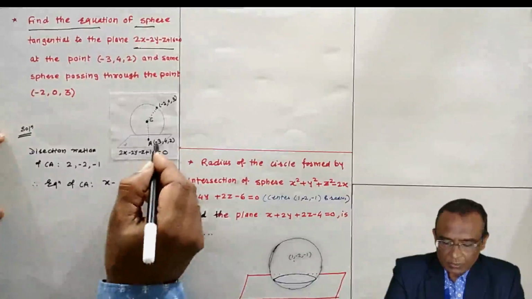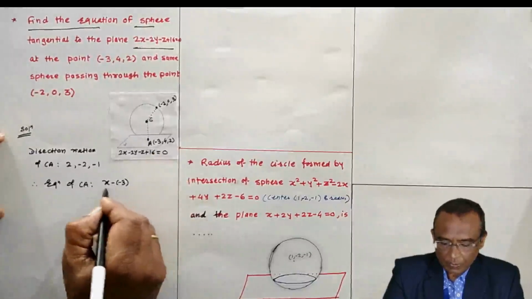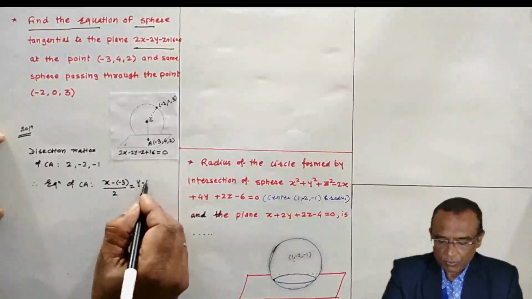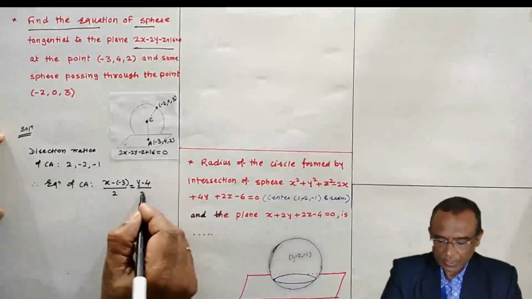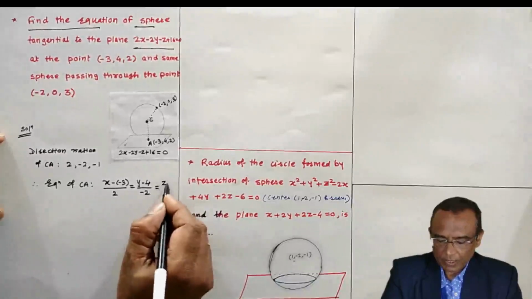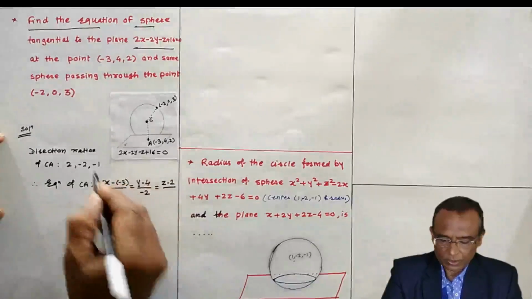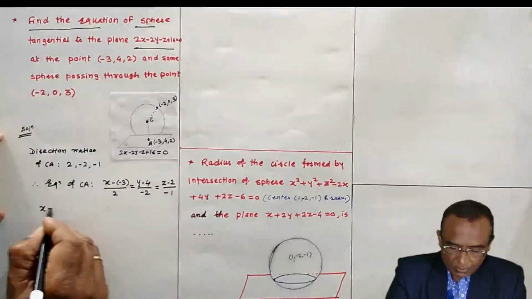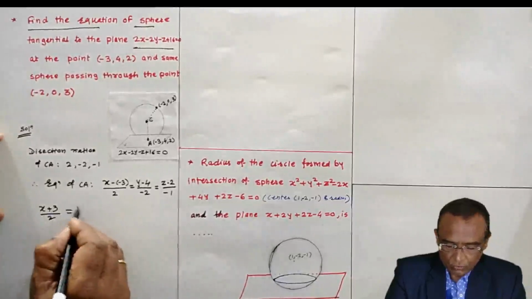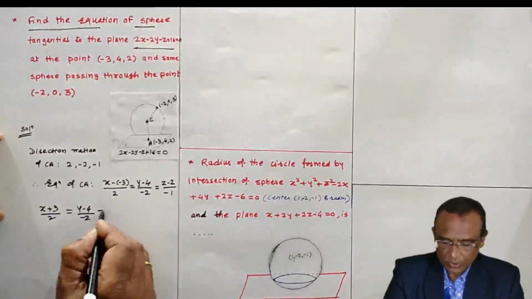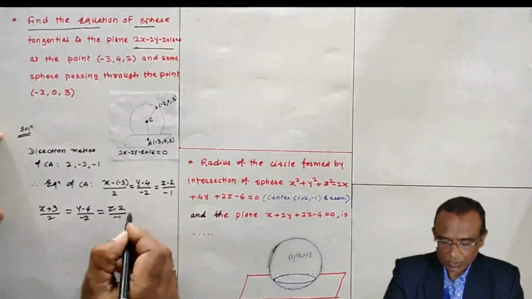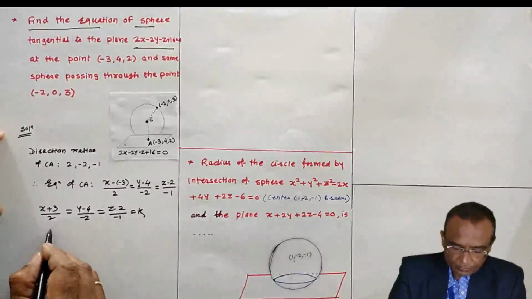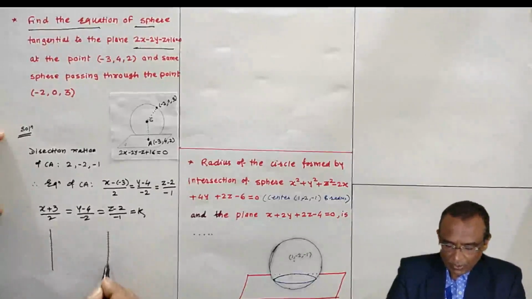(x + 3) by the first direction ratio, (y - 4) by the second direction ratio, and (z - 2) by the third direction ratio. The same thing we did in the previous problem also. So (x + 3)/2, (y - 4)/-2, (z - 2)/-1, and this I equate with a proportionality constant k. Now I will get the values of x, y, z.